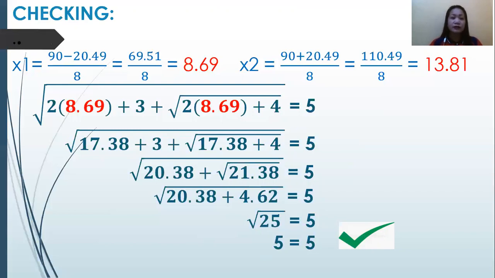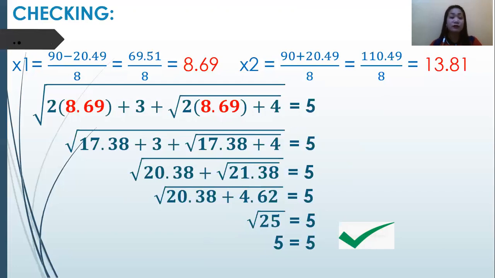We are going to substitute the first value of x into our original equation. So the square root of 2 times 8.69 plus 3, plus the square root of 2 times 8.69 plus 4, is equal to the square root of 17.38 plus 3, plus the square root of 17.38 plus 4.